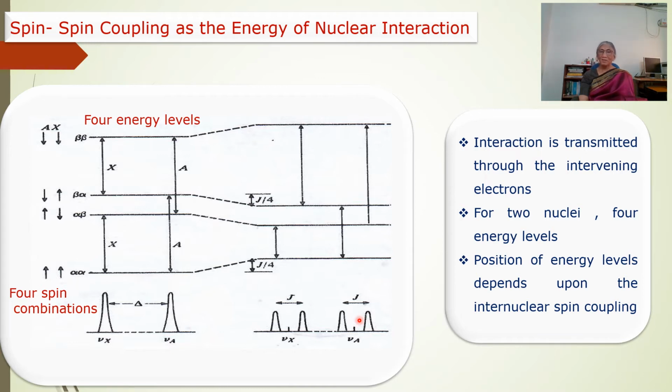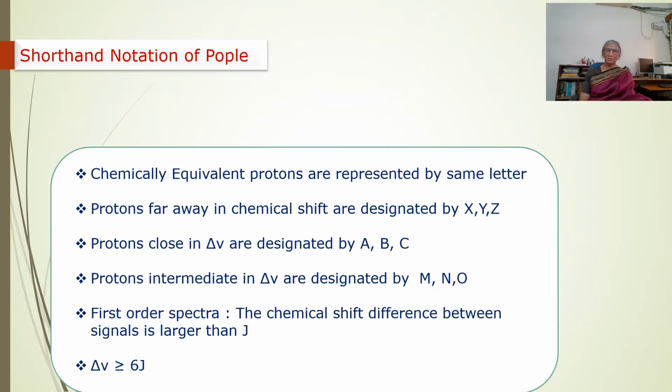So in this manner we can explain the coupling between two neighboring protons. In NMR, protons are designated by different alphabets. Chemically equivalent protons are represented by the same letter.